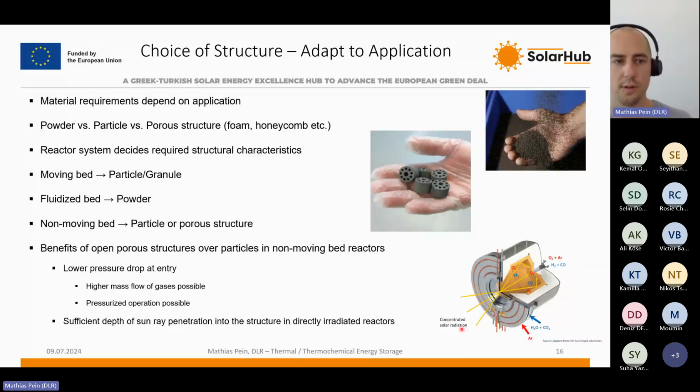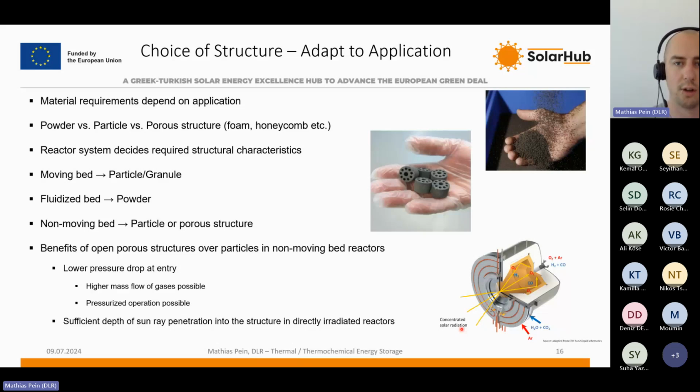So you could use particles and granules in moving bed reactors. You could use powders in fluidized bed reactors. Non-moving bed reactors could be used with granules, but also with porous structures. And the benefits of open porous structures over particles, especially in non-moving bed reactors such as the thermal storage devices, are because these are essentially devices that are located next to the thermal energy plant, the CSP plant, and you don't want to move it around, right?